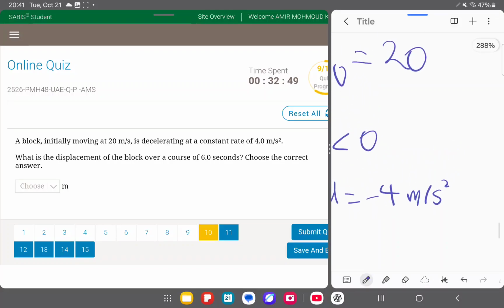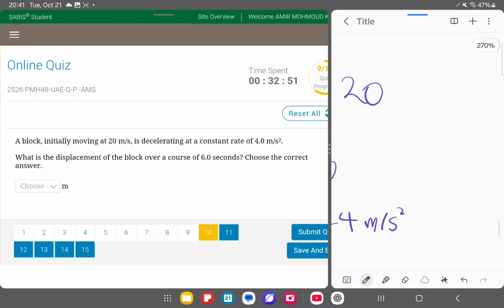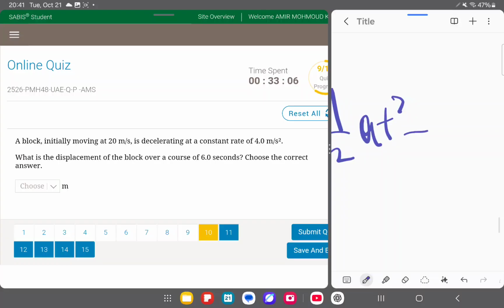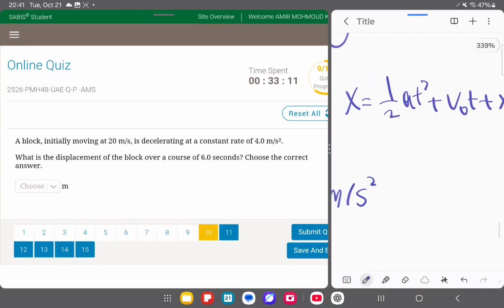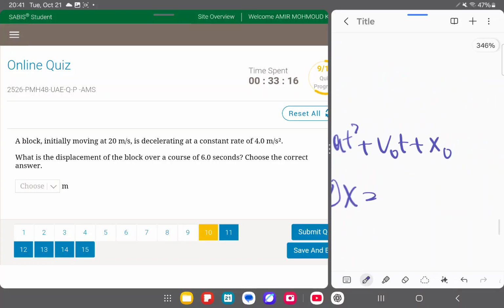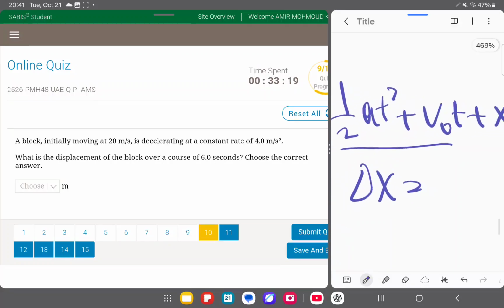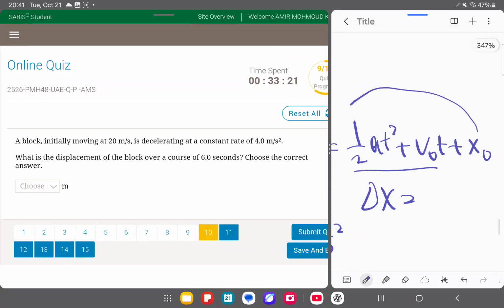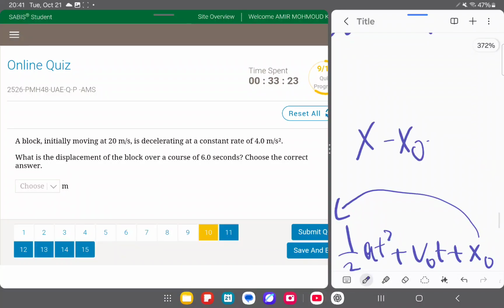So first, let's write this formula here. If they gave us acceleration and velocity and they ask for displacement, we know that displacement is delta x. We have x equal to 1/2 at squared plus v0t plus x0, but delta x is just this part here, because once x0 moves to the other side, x minus x0 is equal to delta x.